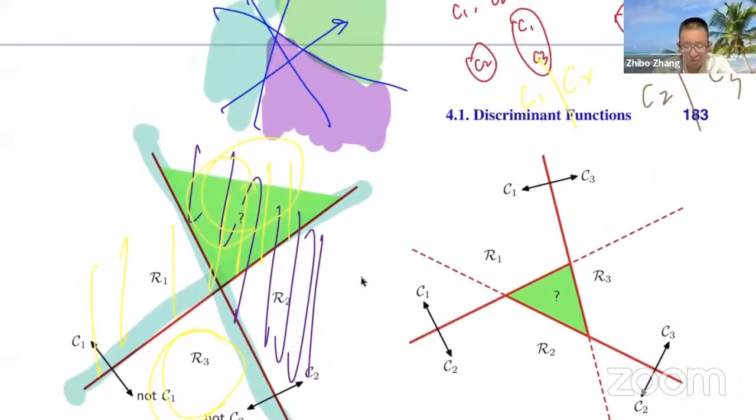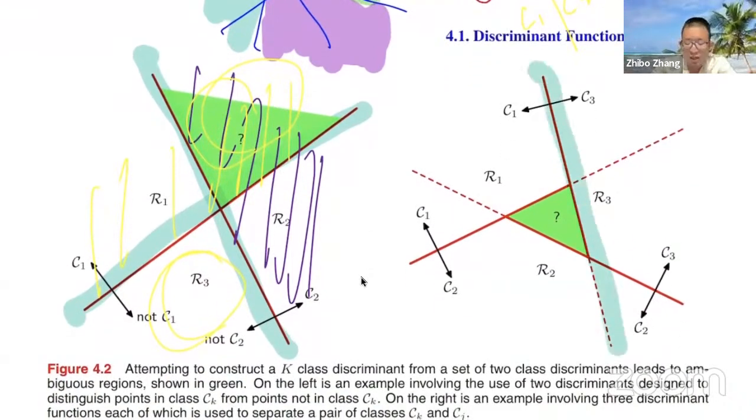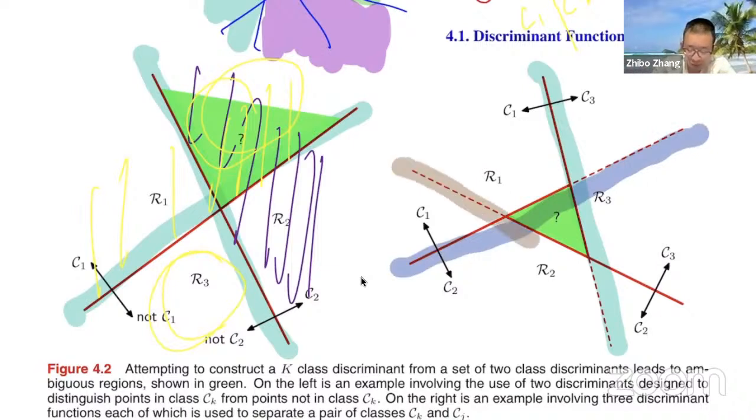What does it mean? We have this line dividing between C1 and C3, this line dividing between C1 and C2, and a third line dividing between C2 and C3. The rest of the regions look good.